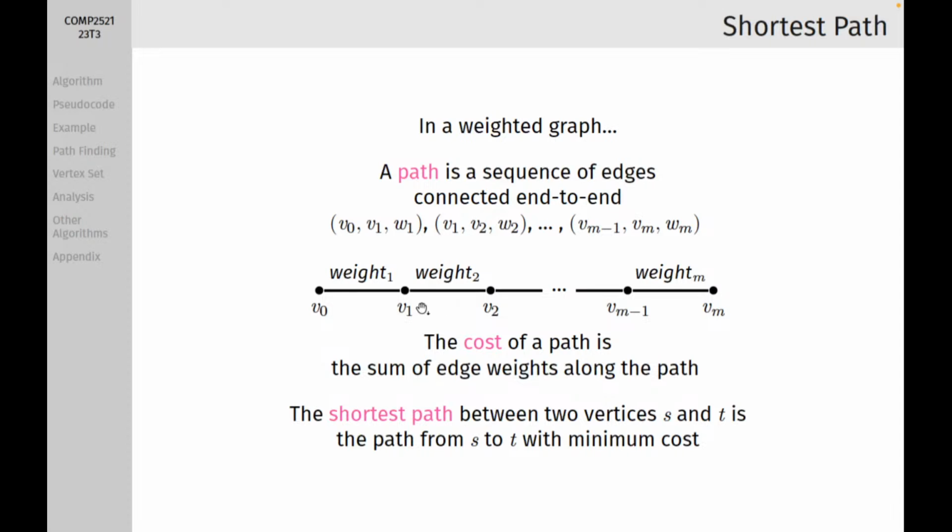So the cost of this path would be the weight between V0 and V1, plus the weight between V1 and V2, and so on. And what is the shortest path? Well, the shortest path between two vertices is just the path between them with the minimum cost. So that's just some terminology.